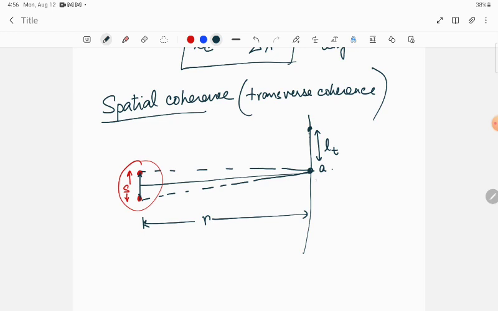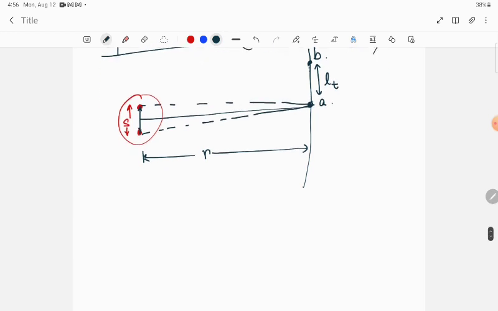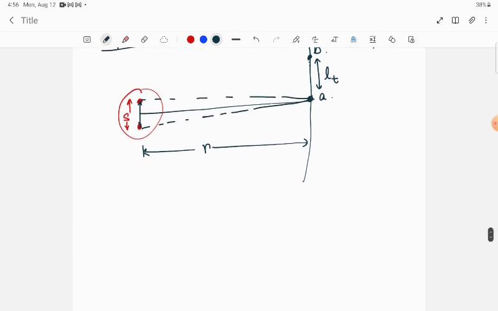So the spot size rather is what we are talking of. How far can we go away from A, let's say this is B, where the coherence is now lost.